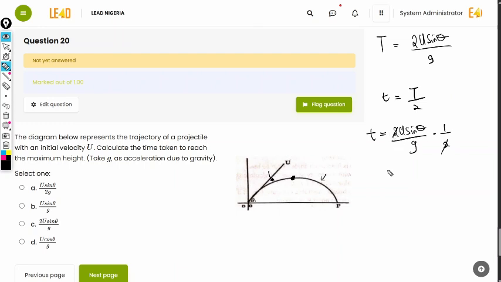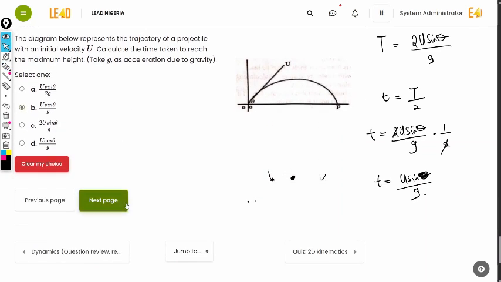The 2 cancels out, and t is u sine theta over g. That's option B. That's question 20.